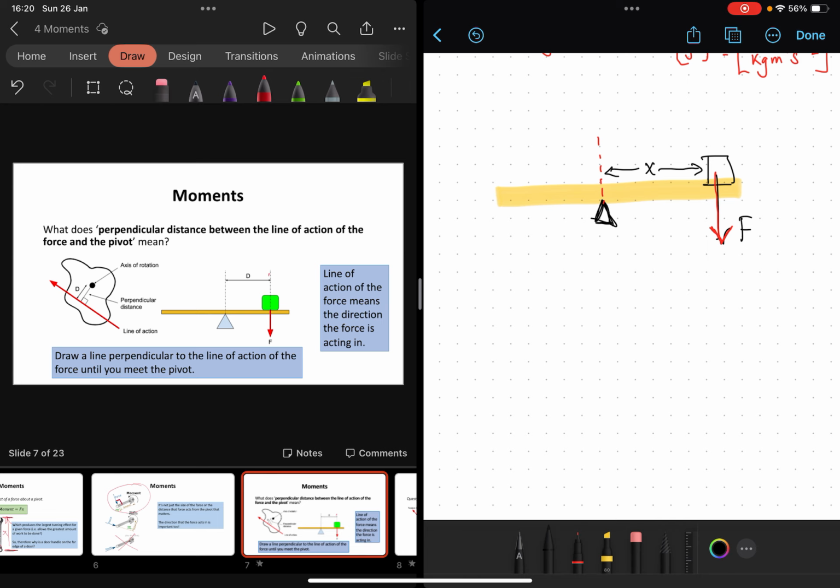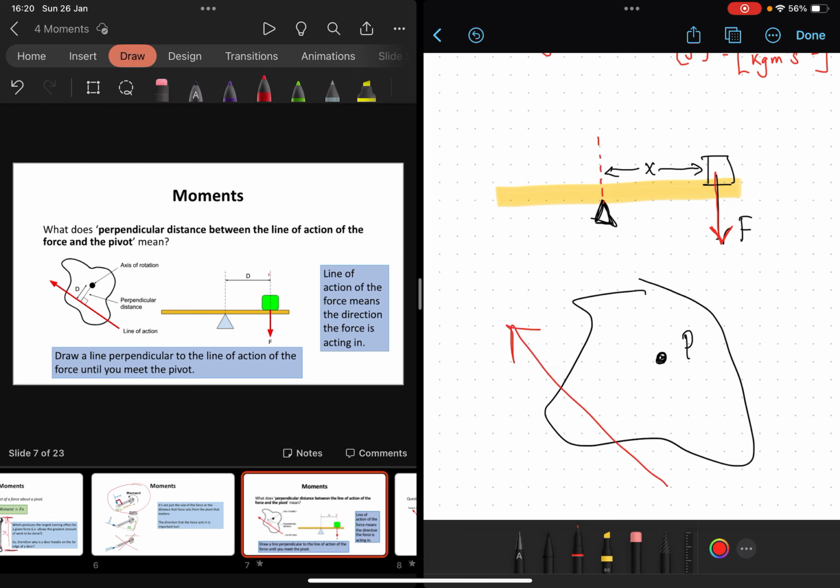In the diagram that you've got on the left, we've got the center of mass of the object somewhere near the center of the object. That's the pivot. And we are being shown that we've got a force vector acting on one side of the object. That is the line of action of that force.